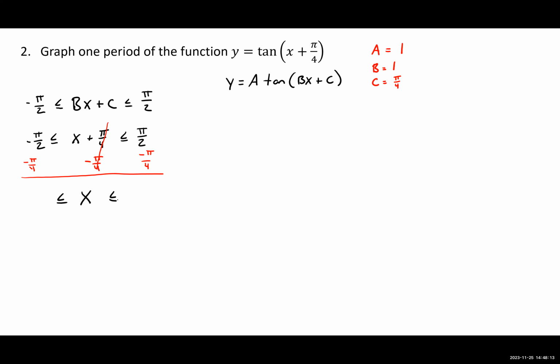On the left, we got negative pi over 2 minus pi over 4. So that's like negative 1/2 minus 1/4. That'll give us negative 3/4, or negative 3 pi over 4. And then on the right, pi over 2 minus pi over 4 will give us positive pi over 4.